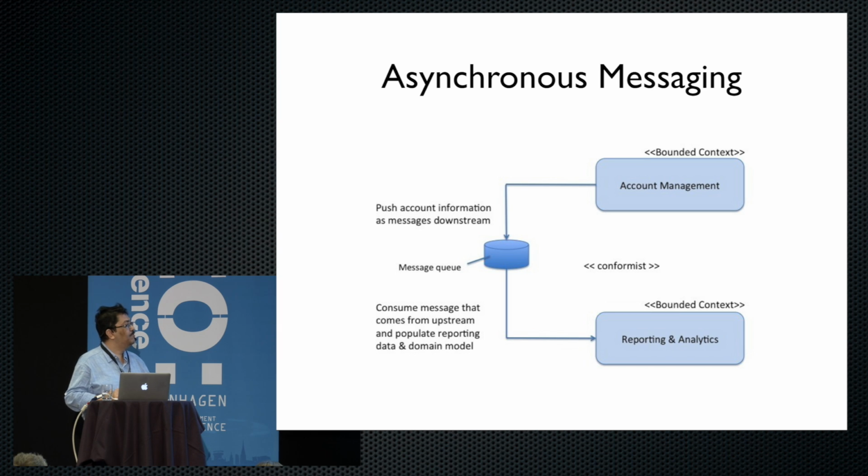You need to have a message protocol between these two bounded contexts. It can be a pub sub. Push account information as messages downstream and it will consume according to its need. And the conformist thing means that account management is the master bounded context. It decides what the protocol should be and reporting has to conform. There are a bunch of other ways to collaborate as well.